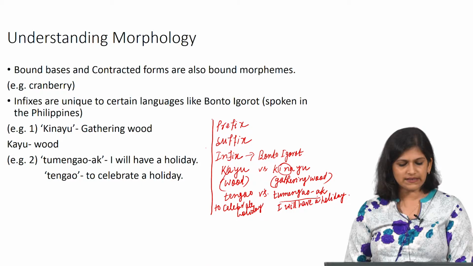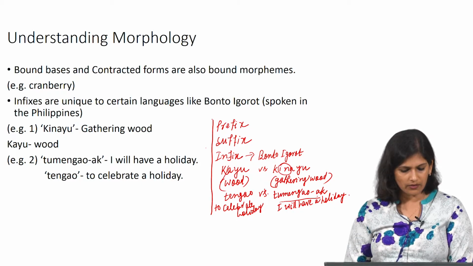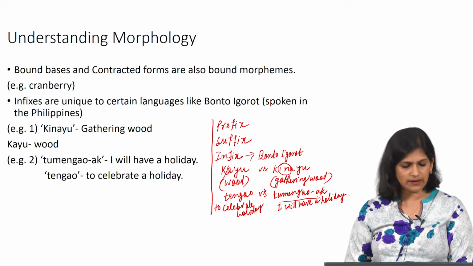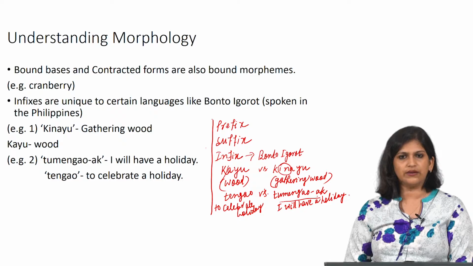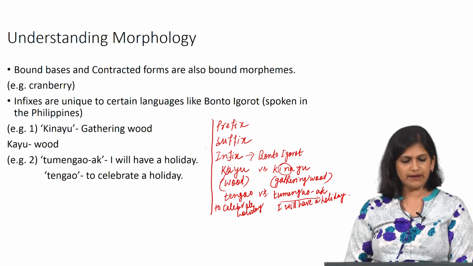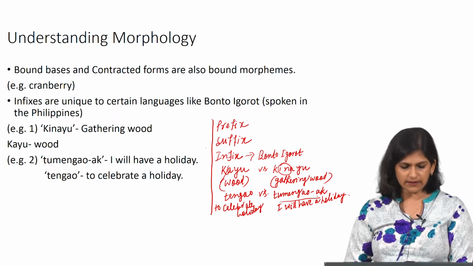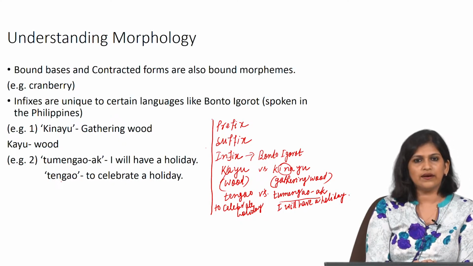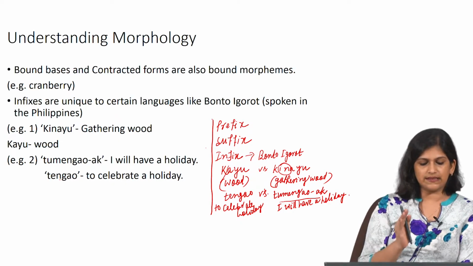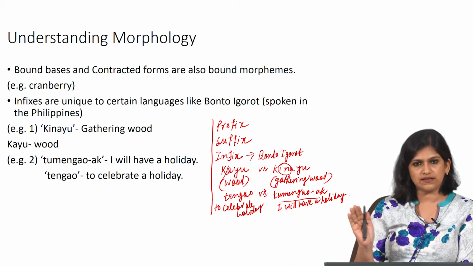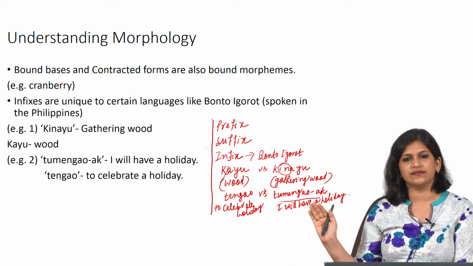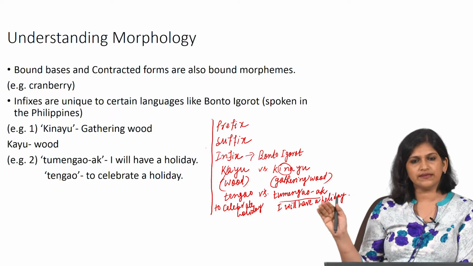When you compare Tengao with Tumengao, what is the difference that you encounter here? Do you think there has been an infix if you follow the Kayu Kinayu pattern? By following the Kayu Kinayu pattern, you see that in the word Tengao, you can separate T from the rest of the word. T is on one side and engao is on the other side. And what are you inserting into it?